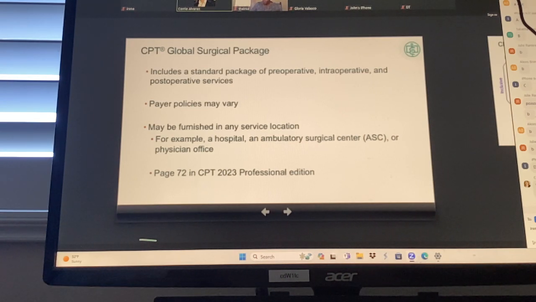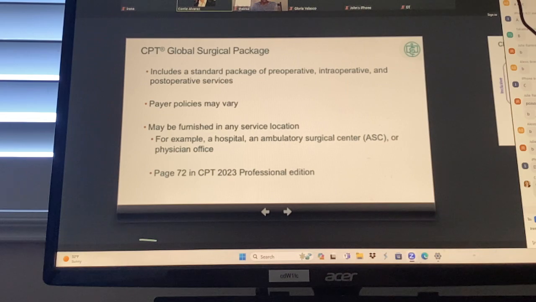So you don't want to code for anything that is normal post-operative care. There are published post-operative dates on the CMS website that you can get. They used to be published in CPT, but no longer are.